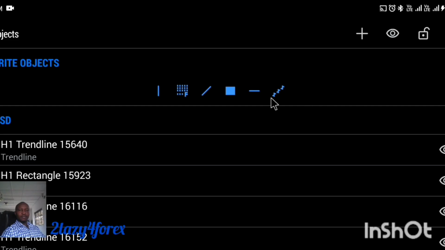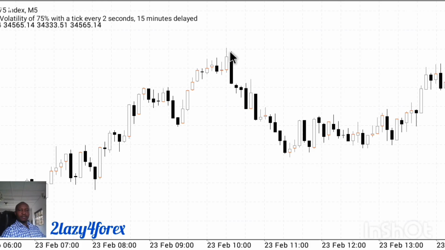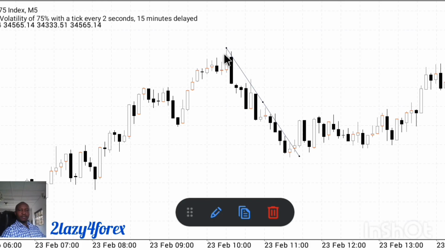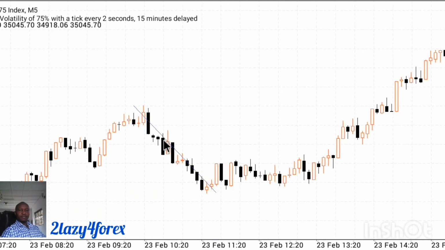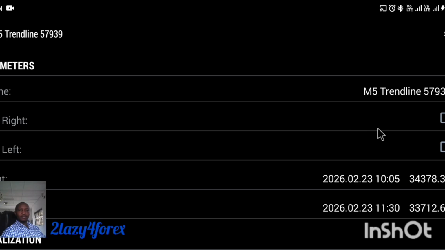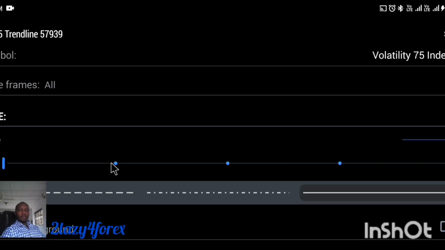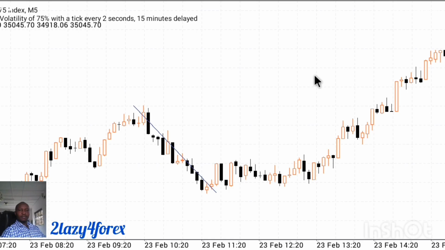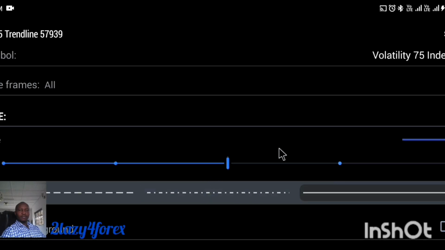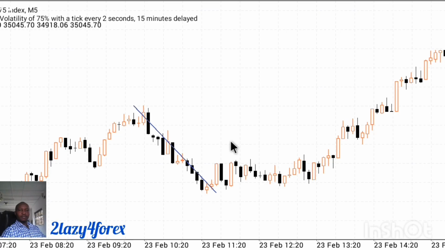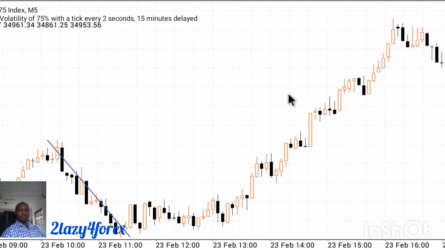Let's mark it. I want to be as fast as possible. So this is a pullback. Let me use something thick so it becomes very visible. Okay, let me add to it. So that's a pullback.